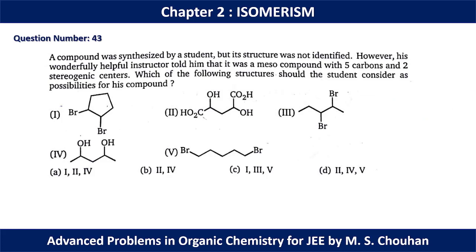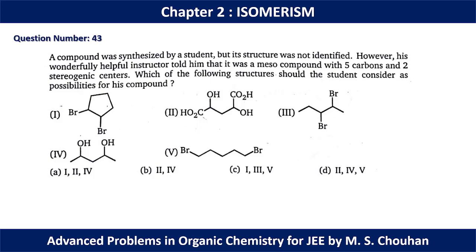In question number 43, a compound was synthesized by a student but its structure was not identified. However, his wonderfully helpful instructor told him that it was a meso compound. So what is the definition of a meso compound? If chiral centers as well as sigma symmetry are present in the molecule, then the molecule will be a meso compound, with 5 carbons and 2 stereogenic centers.